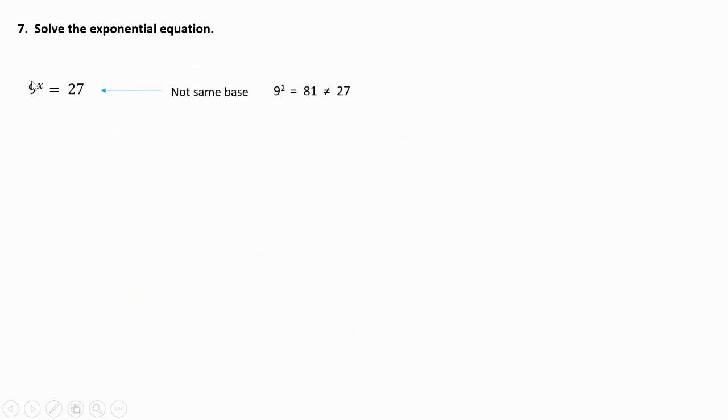So I have to get the same base between 9 and 27, and the common base is going to be 3, because 9 equals 3 squared and 27 equals 3 cubed.